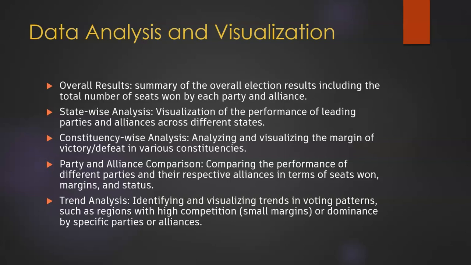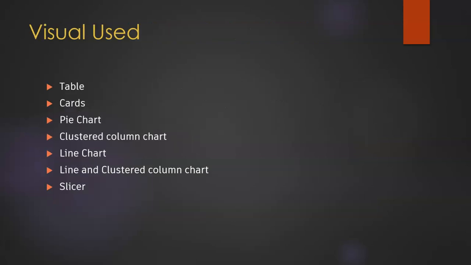And the next step is the data analysis and the visualization part. Here we have done the overall result, the state-wise analysis, constituency-wise analysis, party and alliance comparison, and the trend analysis. So let us now look into each and every analysis step we have done in Power BI. Here we have used the visuals: table, card, pie chart, clustered column chart, line and custom column chart, and slicer.